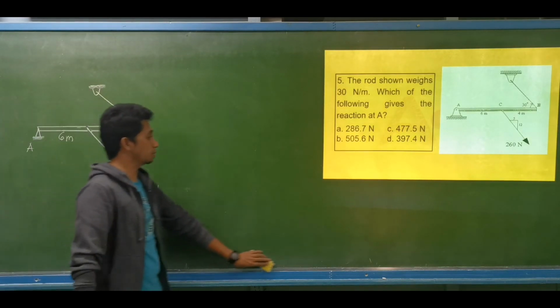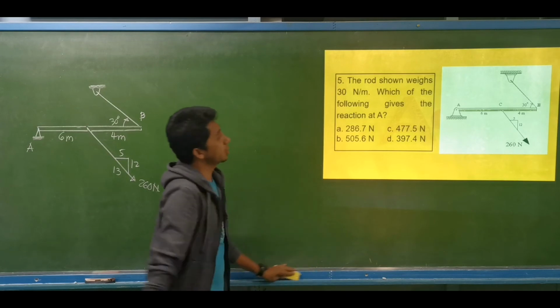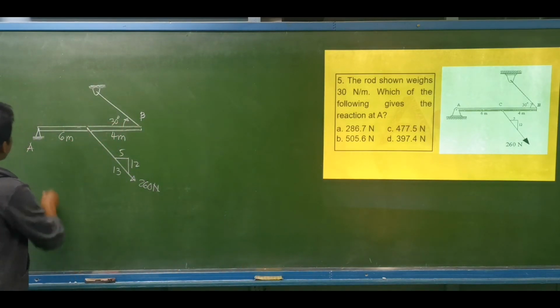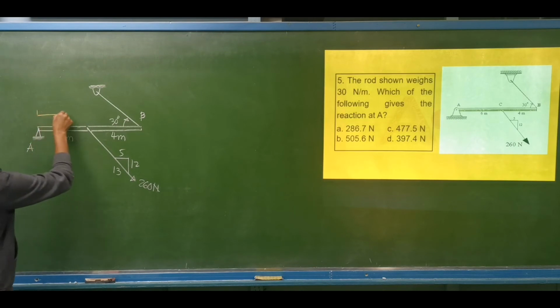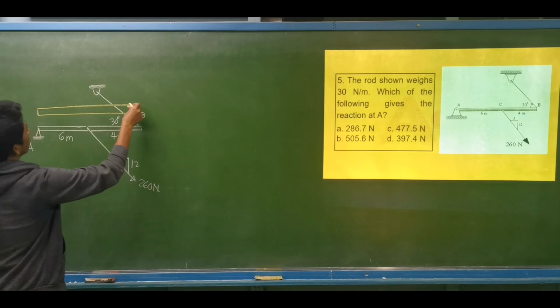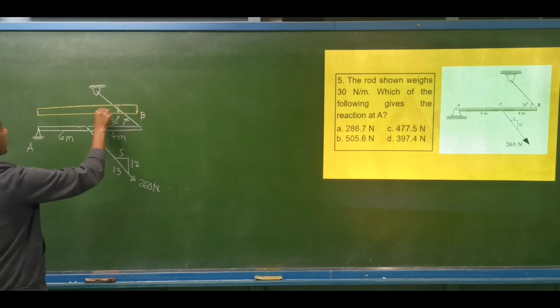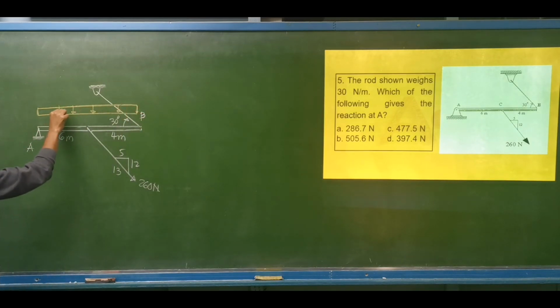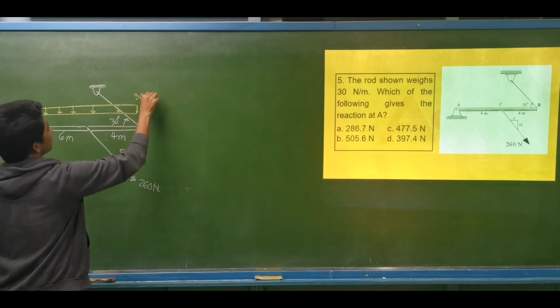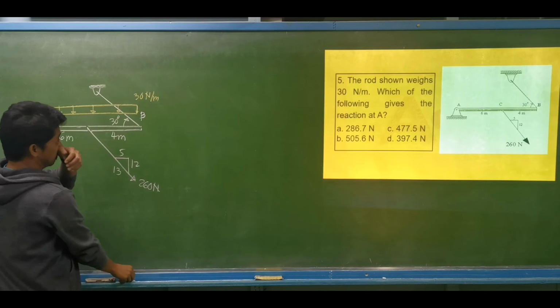So let's have this problem. The rod shown weighs 30 newtons per meter. So therefore we are to place it as a uniformly distributed load. Okay, so let's say this is the weight of the rod, and it is 30 newtons per meter.